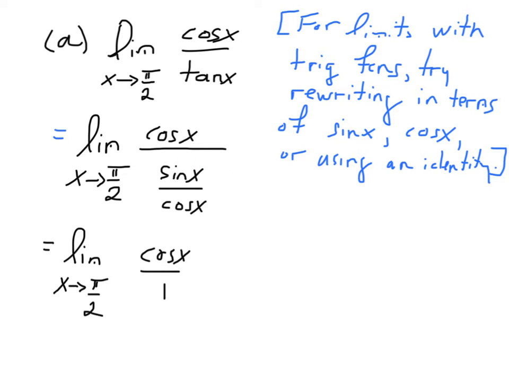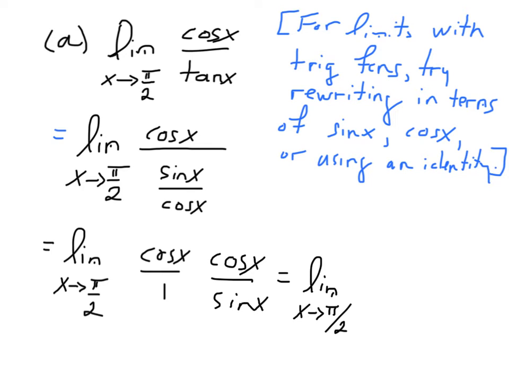Remember, when we divide by a fraction, we just multiply by the reciprocal. So we rewrite this as cosine of x over the sine of x, and we can clean this up by writing this as the limit as x approaches pi by 2 of cosine times cosine of x, which is cosine squared of x, divided by sine of x.